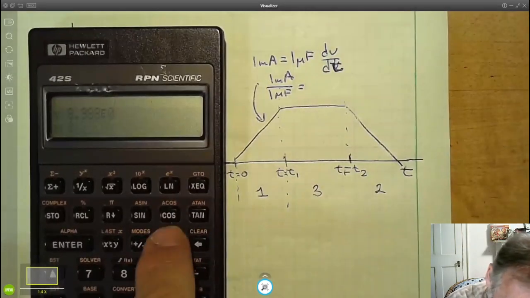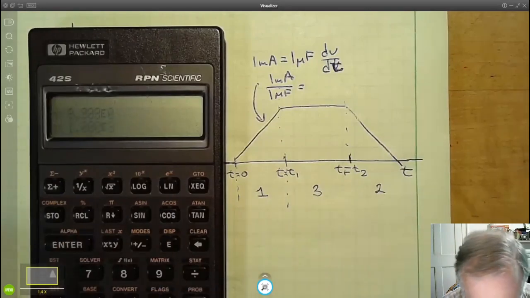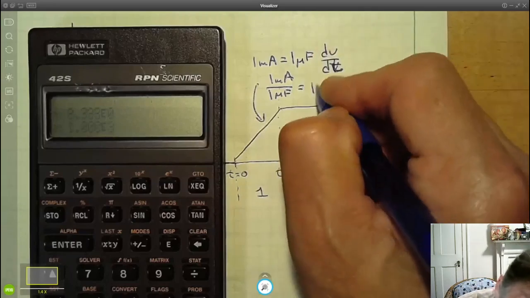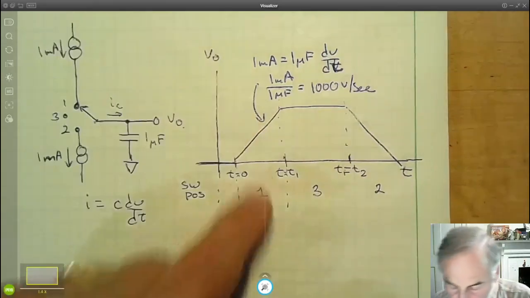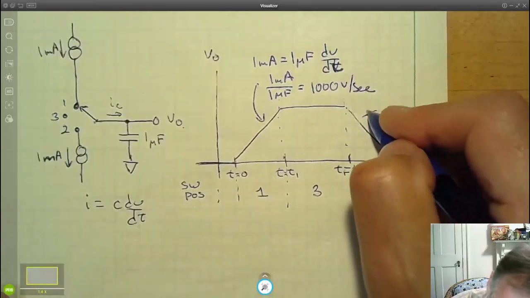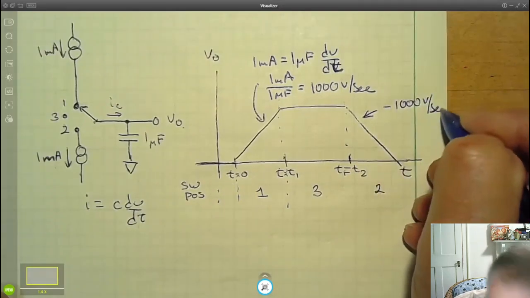So 1 EE minus 3, 1 EE minus 6 divide, and that's 1,000 volts per second. So the slope of this is 1,000 volts per second, and then the slope of this has to be minus 1,000 volts per second.